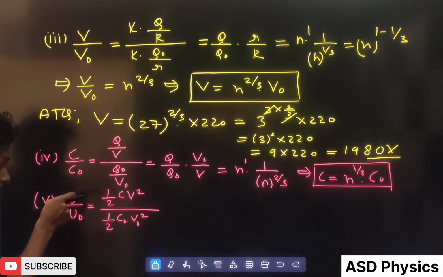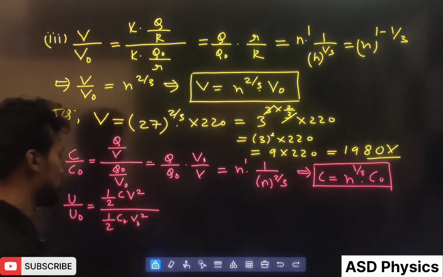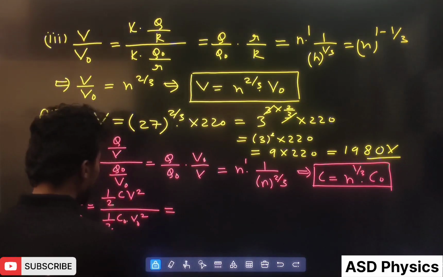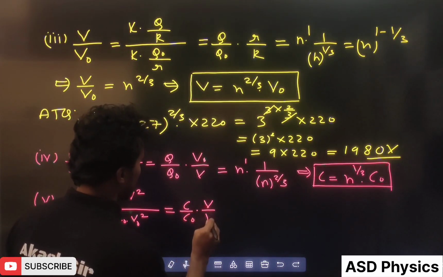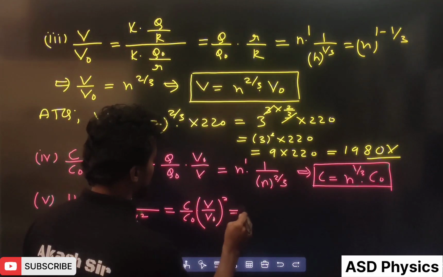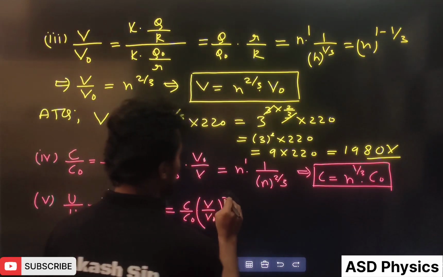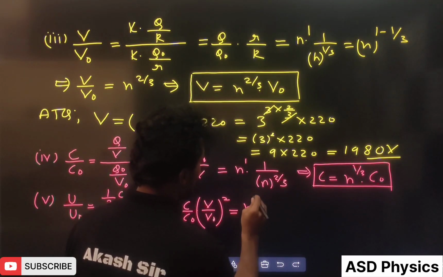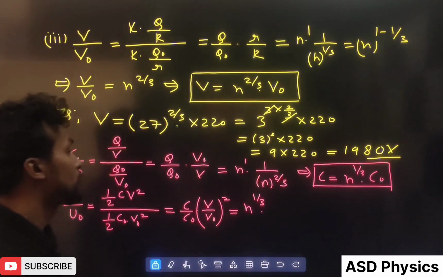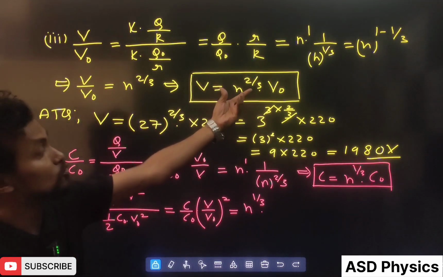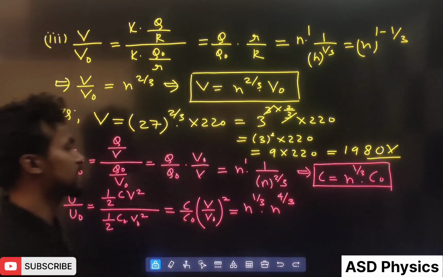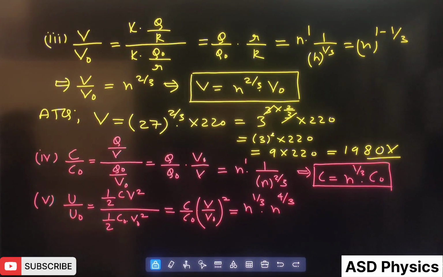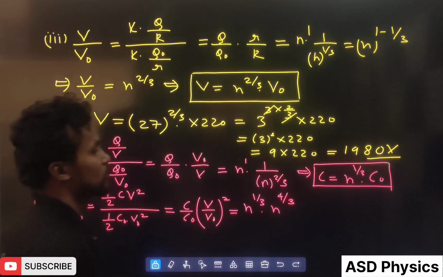Half and half cancel out, so it becomes C by C naught into V by V naught whole square. C by C naught is n to the power 1 by 3. V by V naught is n to the power 2 by 3, and the square makes it n to the power 4 by 3.